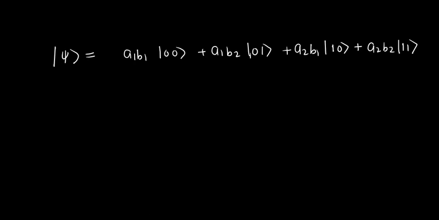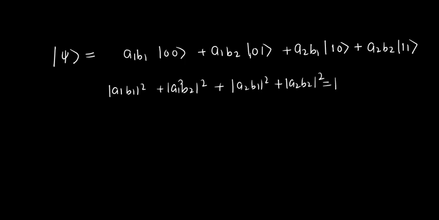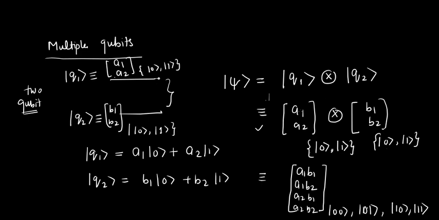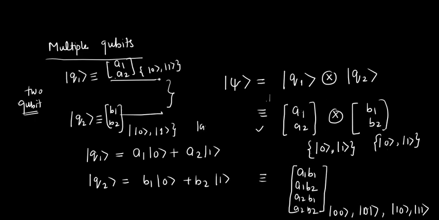If you can see, it is not very difficult to see that the summation of the magnitude squares of all these is 1. You can check it under the condition that mod A1 square plus mod A2 square is 1, because we know from our first lecture that for any qubit, the probability of occurrence of 0 is mod of A1 square and the probability of occurrence of 1 is mod of A2 square.